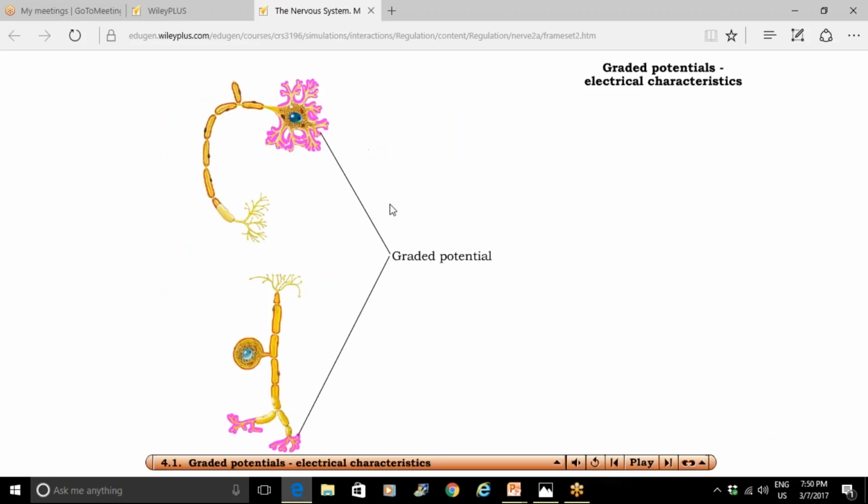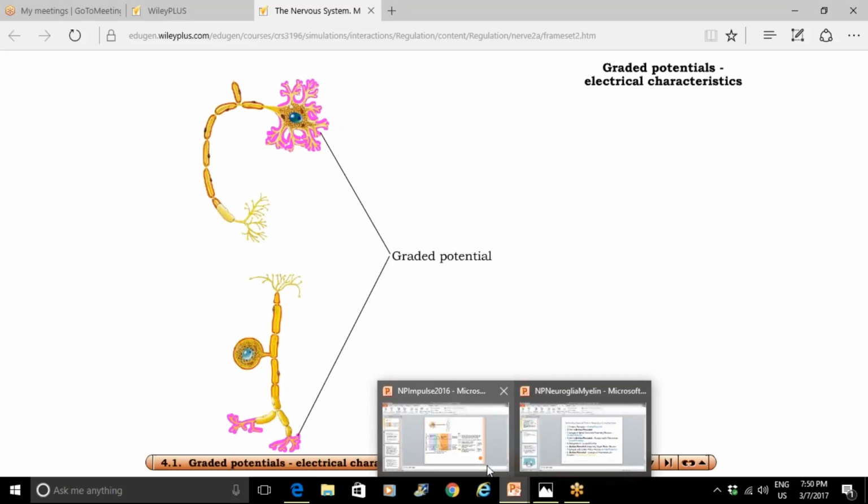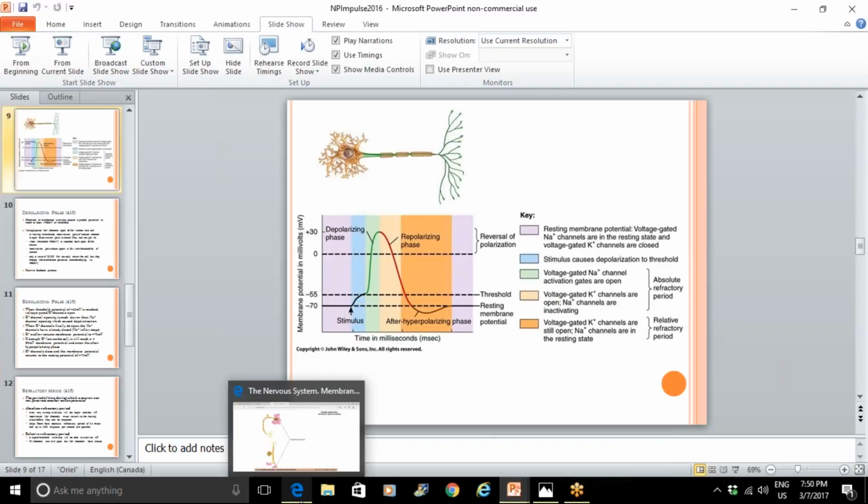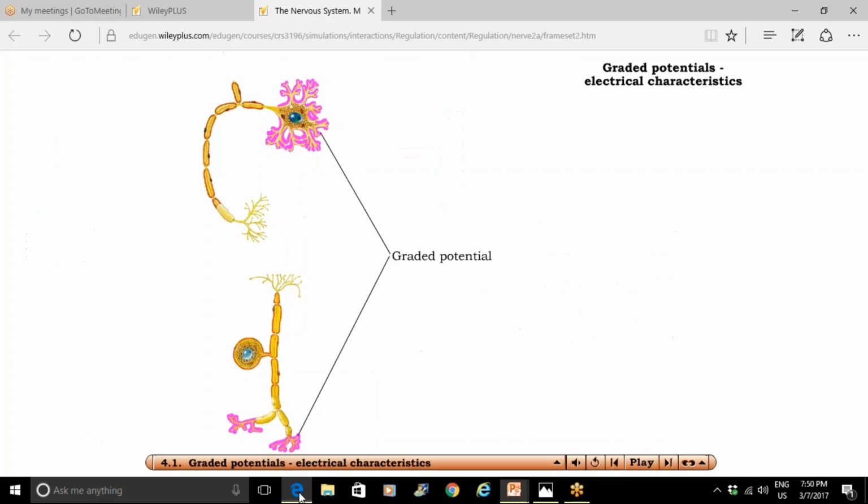When we talked about the graded potential in the PowerPoint, that's the spot between -70 and -55, right? So graded potentials happen in that little blue section, going from -70 to -55. In the animation, we can see that those happen in our unipolar neurons and our sensory neurons, where we have the receptors, the dendrite portion, right by the cell body.